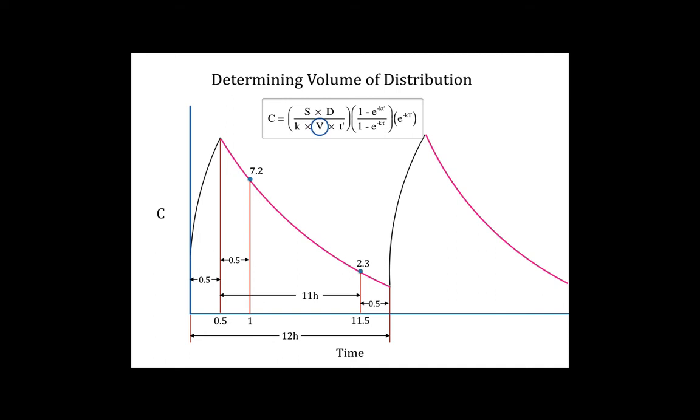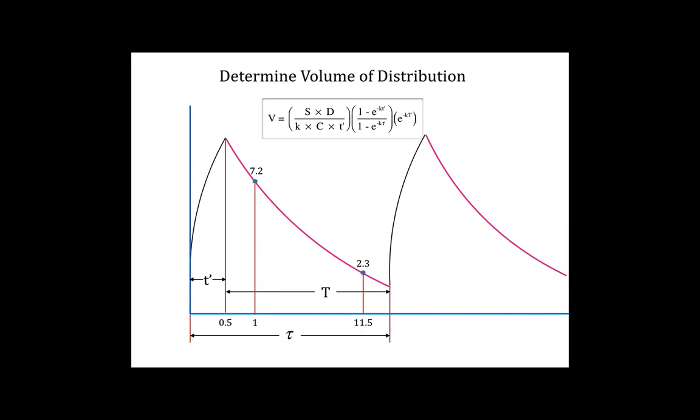We know everything in the formula except for volume of distribution. We have two concentrations measured at two different times after the end of the infusion, so we can use either one of them. And what we want to do is isolate the volume of distribution to the left side of the equation and bring concentration underneath.